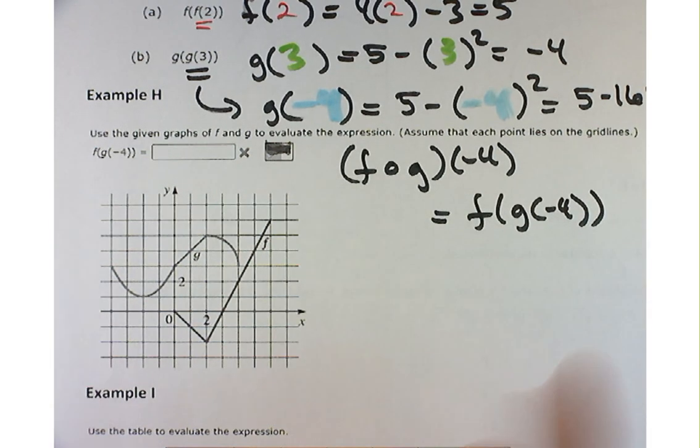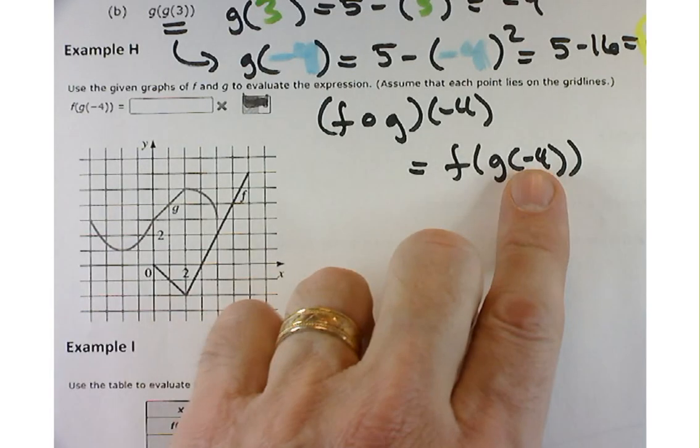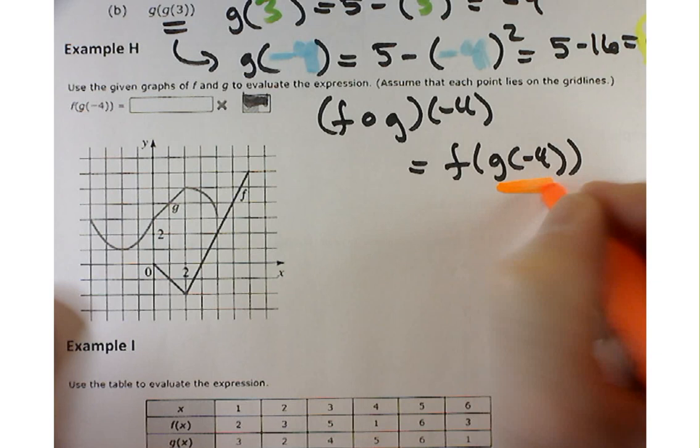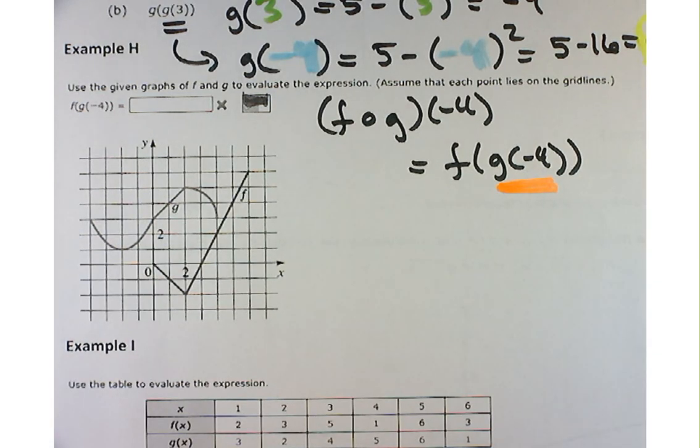Now, if you're going to do this, we're going to do this the same way we did the last one. Work from the inside out. Can someone tell me what g of negative 4 would be?